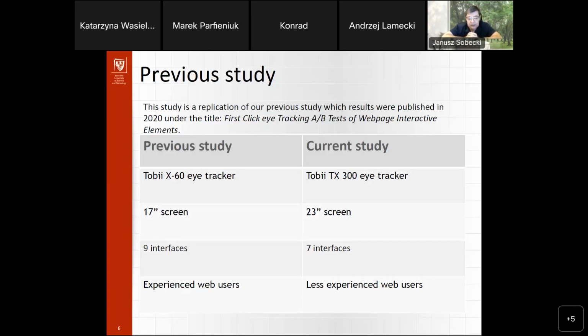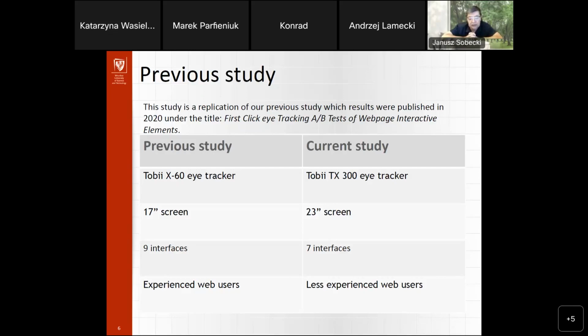We used a simpler eye tracker, and the users were usually students of computer science from the Sydney University of Technology, because it was done there. But we replicated the study with not only students of computer science, and we made it in Poland, and we are also using a better eye tracker.